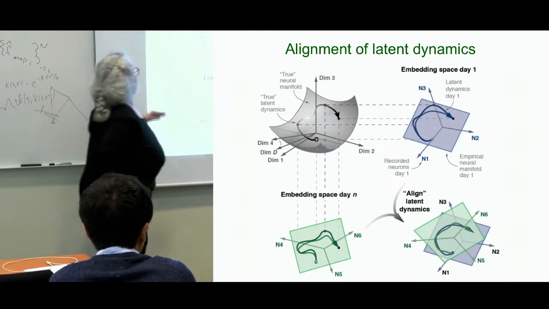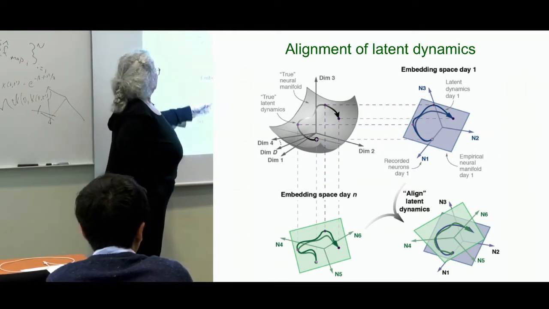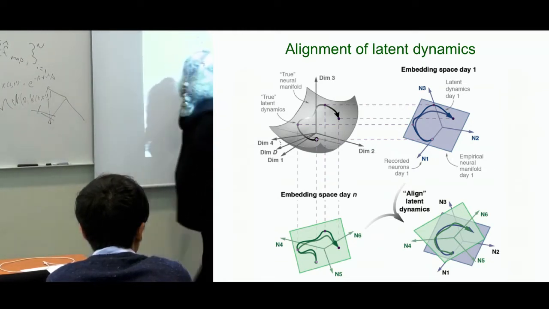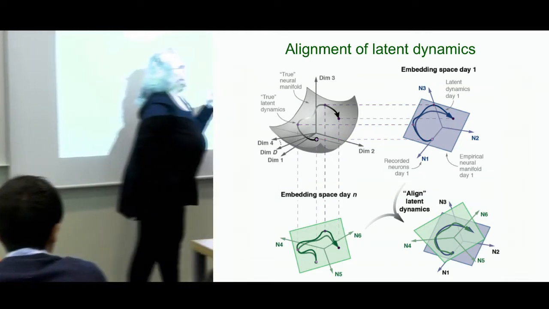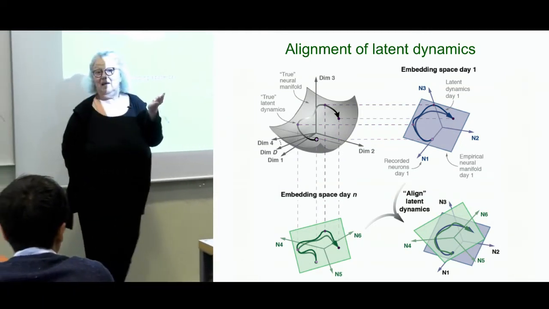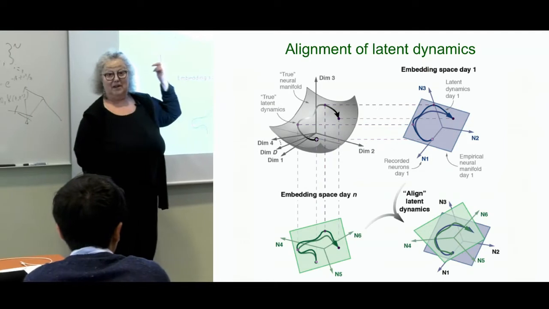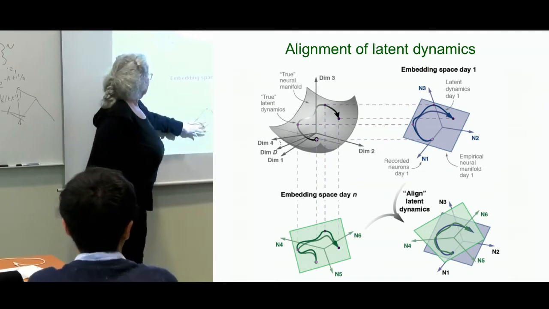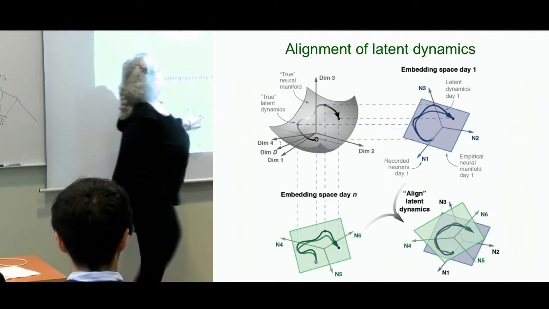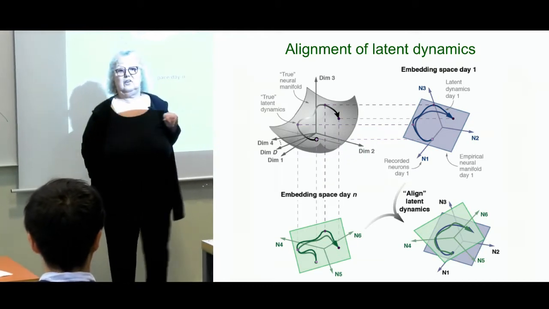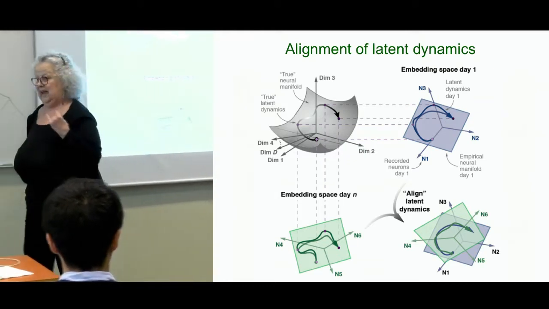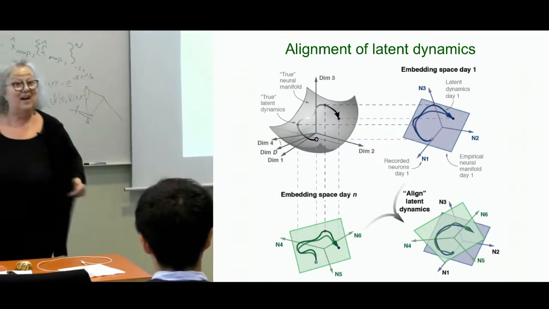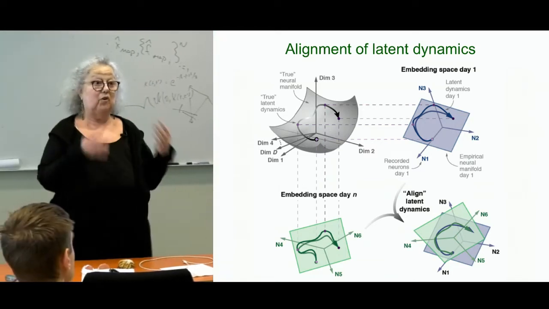So I observe a given ambient set of dimensions on day n, a different set of dimensions on day m, and the only thing that I can see is the dynamics on the mother manifold, the true manifold, projected into this embedding space of day n, or projected on the space on day m. And these spaces don't even have the same axes, right? Because I'm not recording the same neurons.